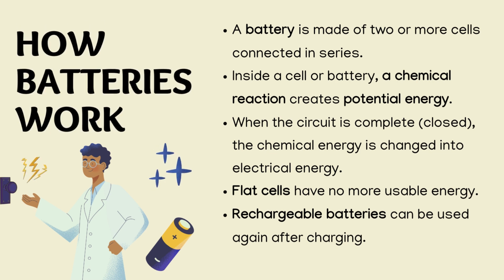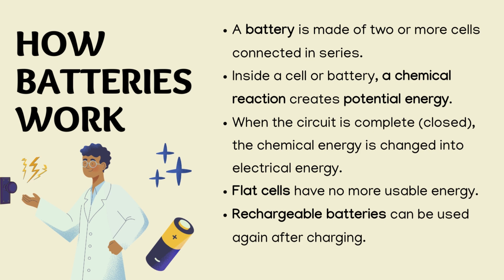So, how do batteries work? Inside a battery, chemicals react to produce energy. When the battery is connected in a circuit, the chemical reaction begins and produces electricity. This electricity flows through the wires. If the circuit is broken, the reaction stops. That's why switches are useful. If the switch is off, the circuit is open and electricity stops.